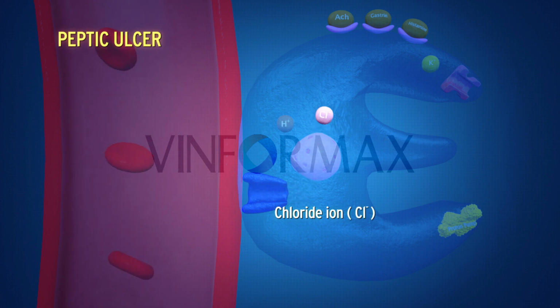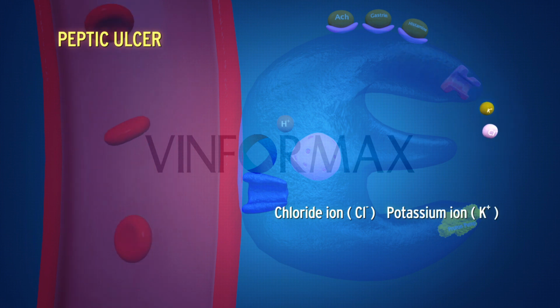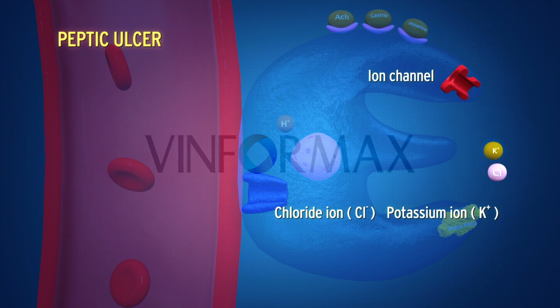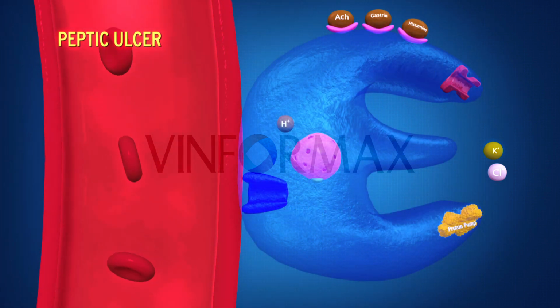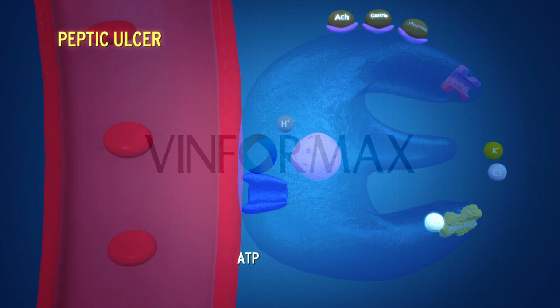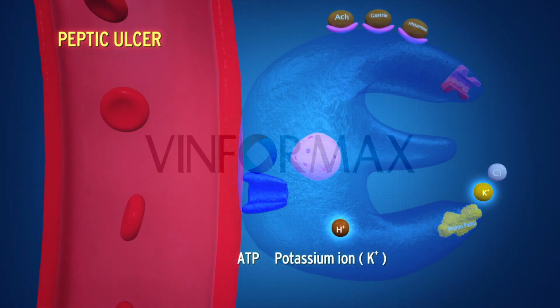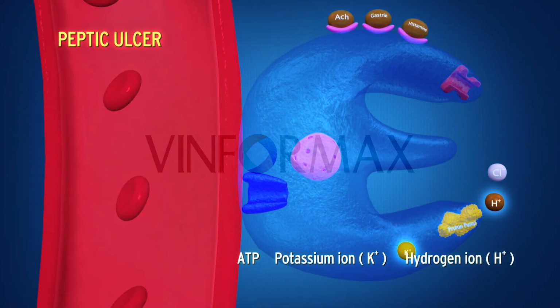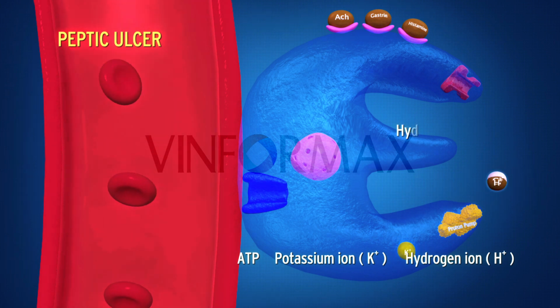Later, chloride ion along with potassium ion diffuses outside into the canaliculi through the ion channels. Now, ATP powers the exchange of potassium ion and hydrogen ion into the canaliculi and forms hydrochloric acid.